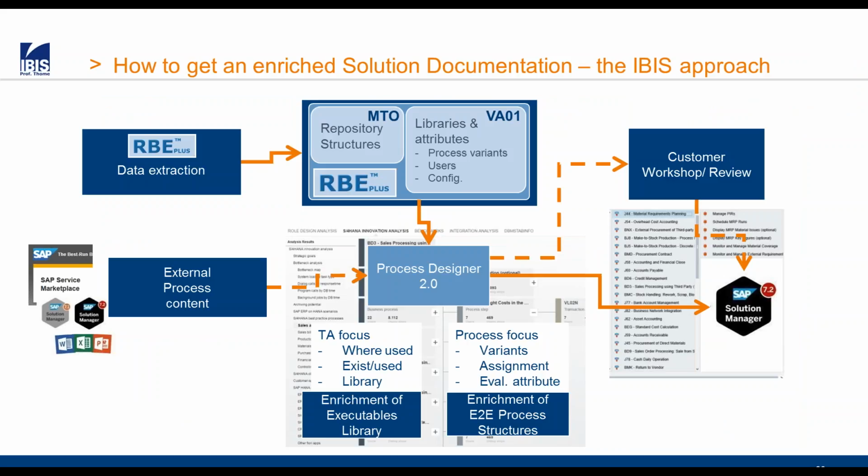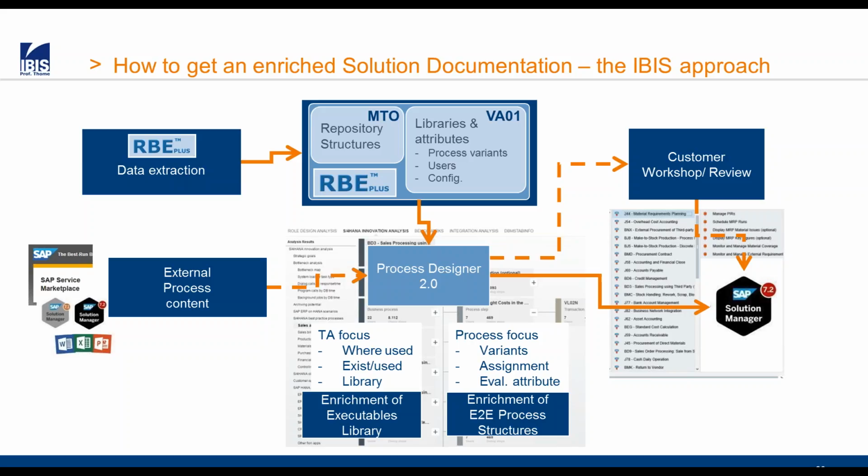When we're talking about our very own approach, at IBIS we're using a tool which is called the Process Designer 2.0. And this is based upon our RB Plus analysis methodology. On one side, we are extracting the data out of the customer systems to see the real usage, to identify the real processes used by the customers.